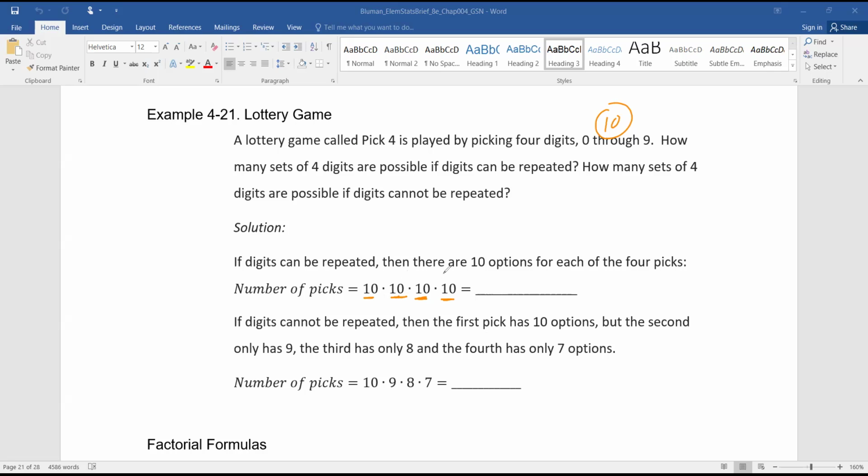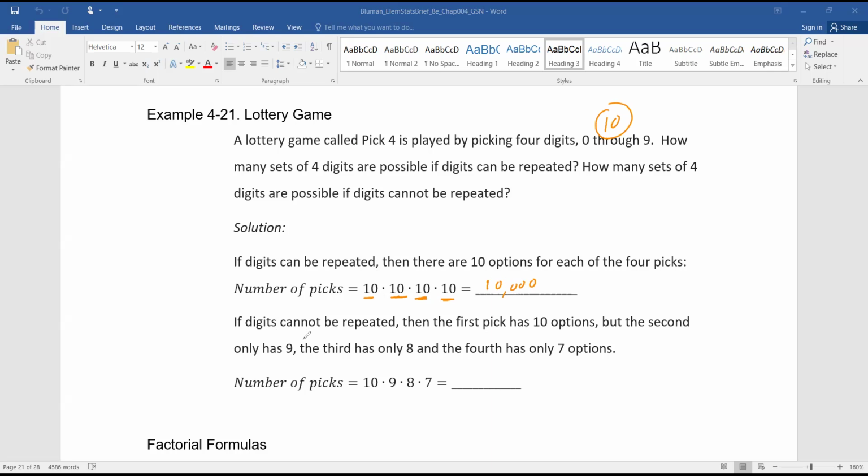I can have 1, 1, 1, 1 if I want to. 10 to the fourth power is, it's got me second guessing myself, 10,000 options.